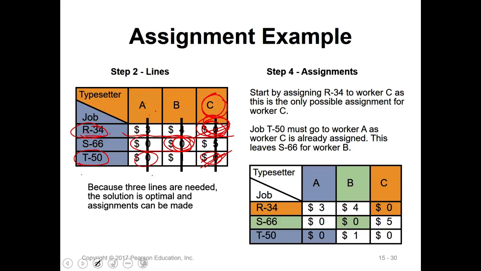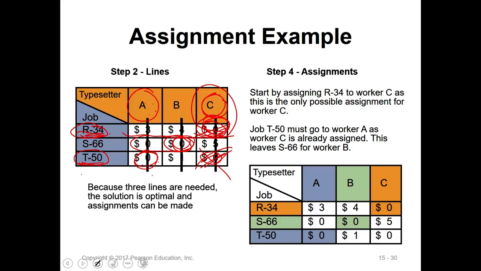R34 only has one option of 0, which is C, correct? But T50 has two options, A or C. And if R34 goes with this one, and we cannot use this one, so T50 has to combine with A over here.